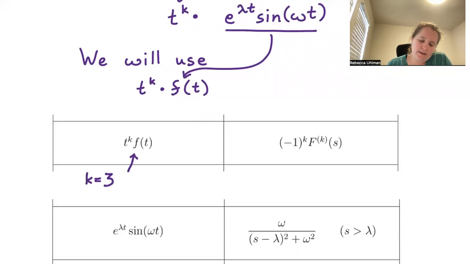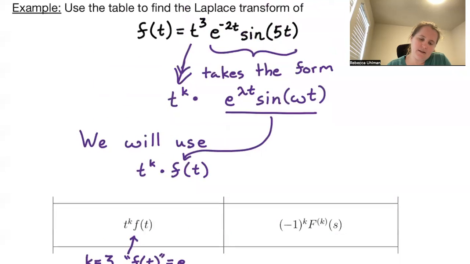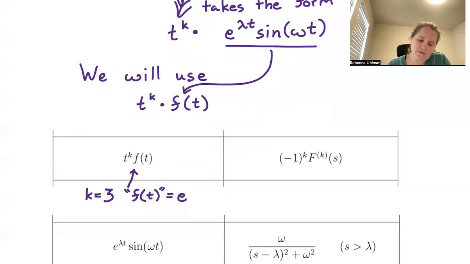And then in this case, our f of t, which is different from the f of t we started with, is going to be that e to the negative 2t sine of 5t. So we know that if we have t to the k times f of t, that the Laplace transform would go to negative 1 to the k.